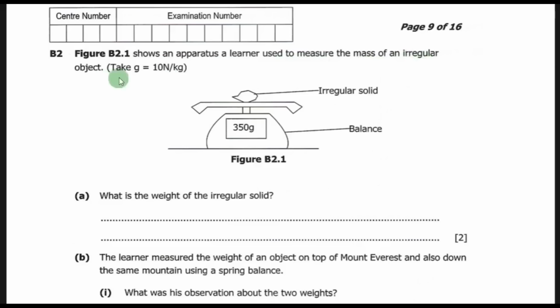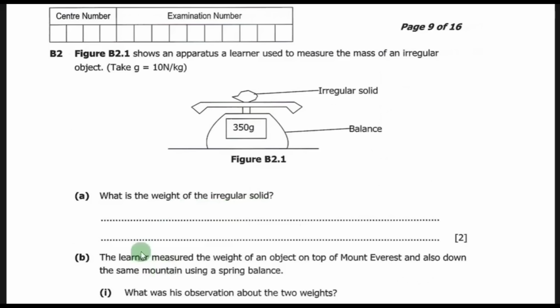Take G to be 10 Newton per kilogram. This is an irregular solid being placed on this apparatus here, which is the balance, and the mass there is 350 grams. Then A says what is the weight of the irregular solid.